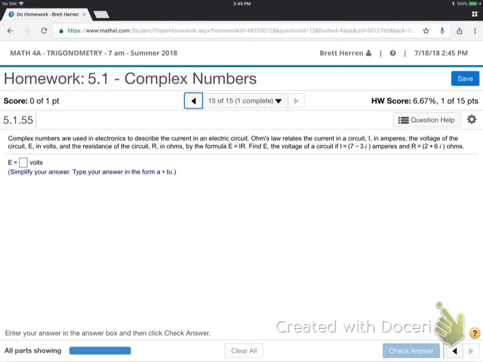All right, so bunch of fancy words. Let me just simplify it there. It's going to say E equals IR. Okay, so they're giving me the formula. If you go take higher, do engineering, they'll have you do some of these circuit equations. E equals IR.